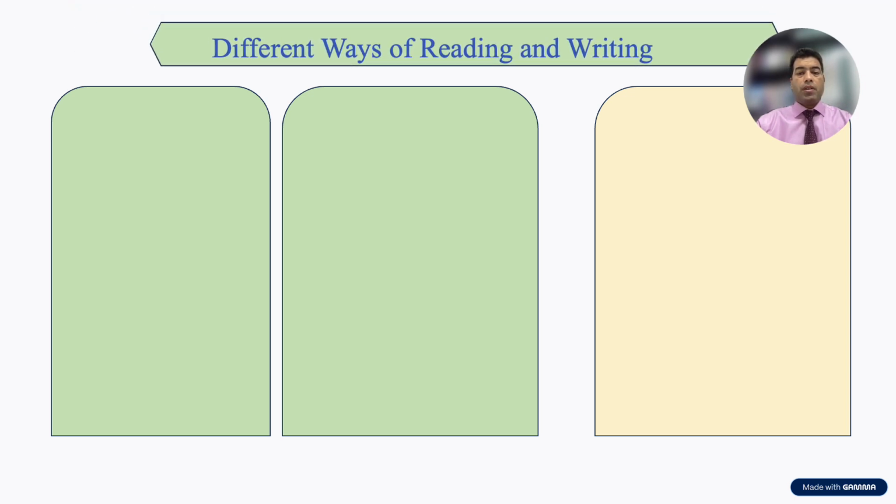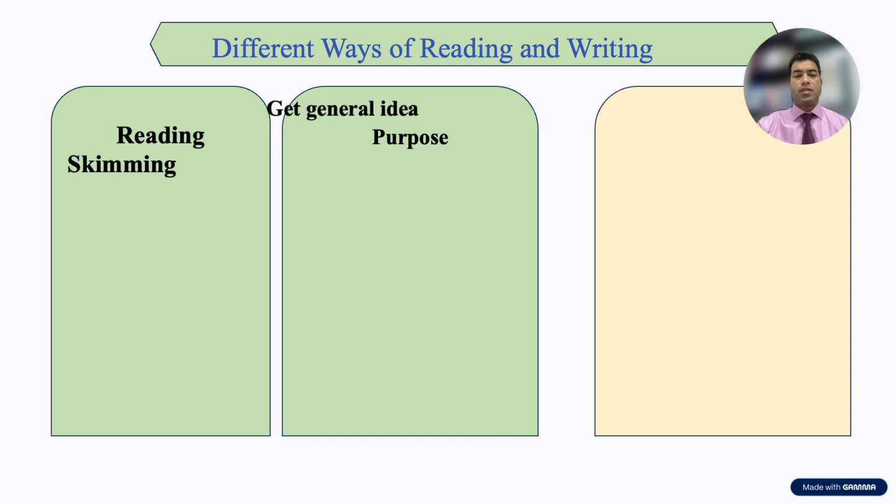When we look at different ways of reading and writing, how a student reads or writes, and the purpose of student reading and writing. For example, if a student has a text, the first stage is skimming, just getting the main idea, the topic, the title, what the article is about, the general idea of the text.